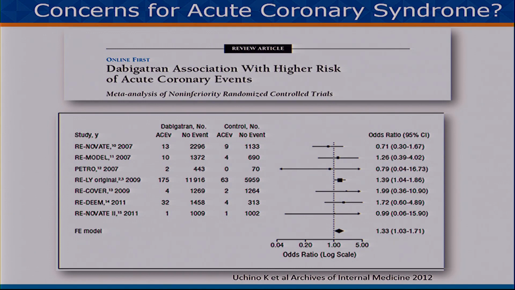A group did a meta-analysis of a number of studies, notably relatively small in terms of event rates, with the exception of the RELY study, but the summary suggested a potential increase in the risk for acute coronary syndrome with an odds ratio of 1.3 and a lower bound of confidence of 1.03.